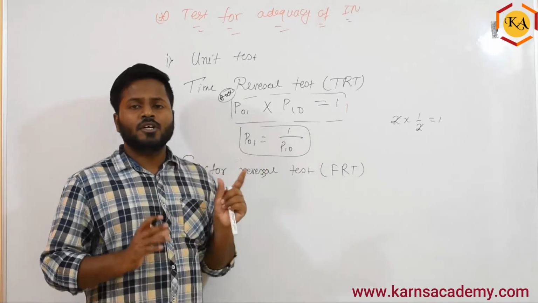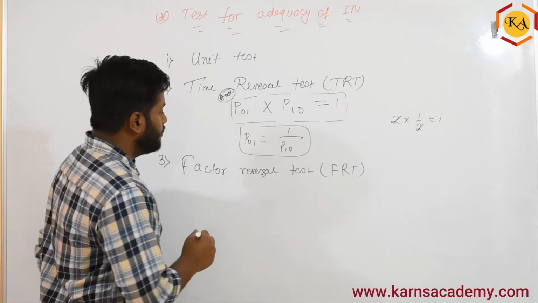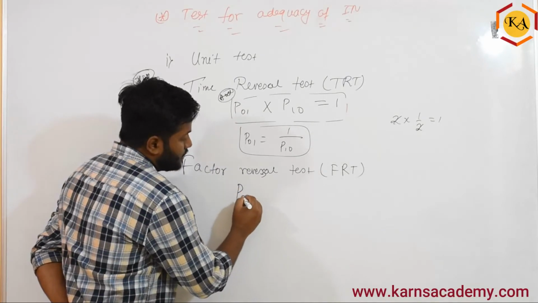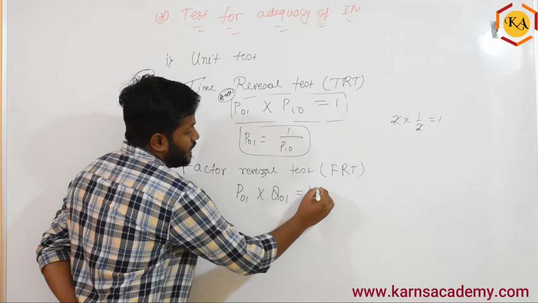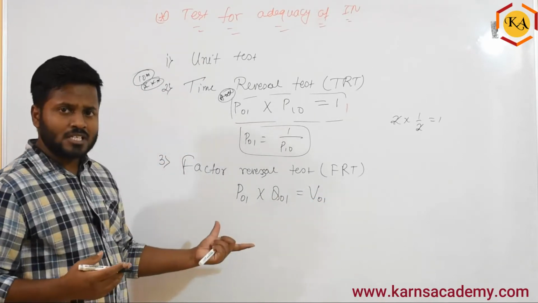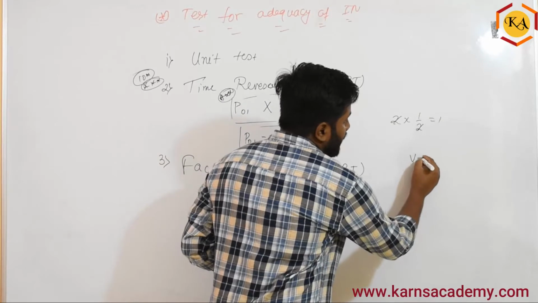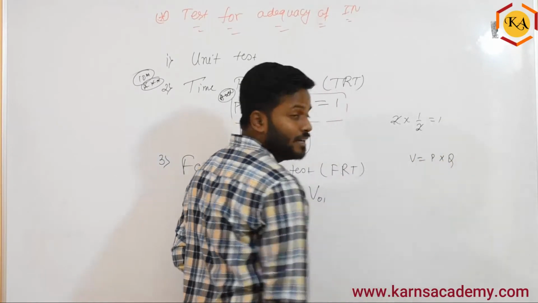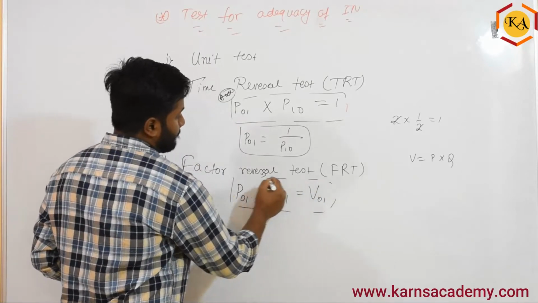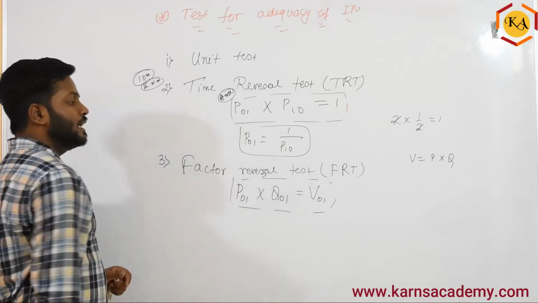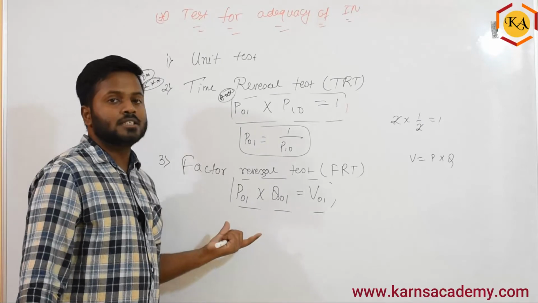If you see, in the time reversal test we are talking about price, but here we will be talking about quantity as well, that is P01. If I multiply it with Q01, I should get V01, which is obvious. We already know that value is nothing but price into quantity. So the same thing we are going to show. If this is satisfied, then we can tell that the factor reversal test is satisfied.